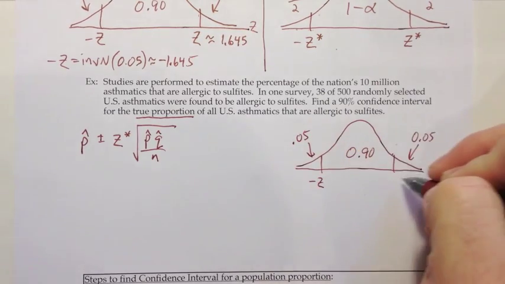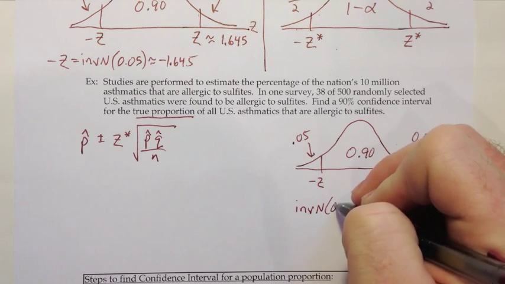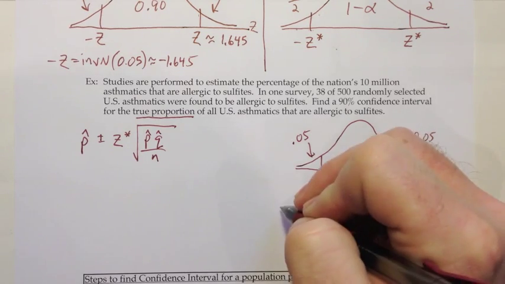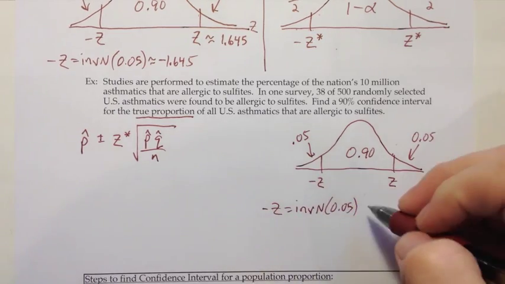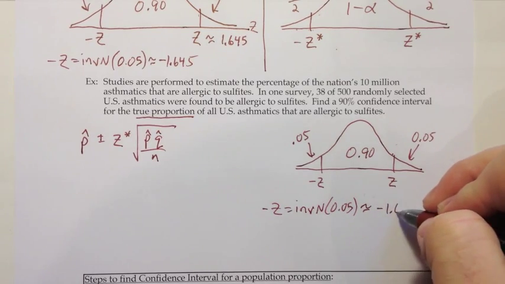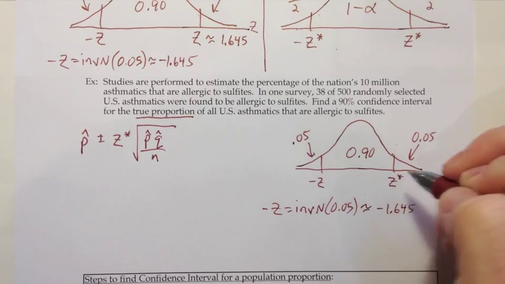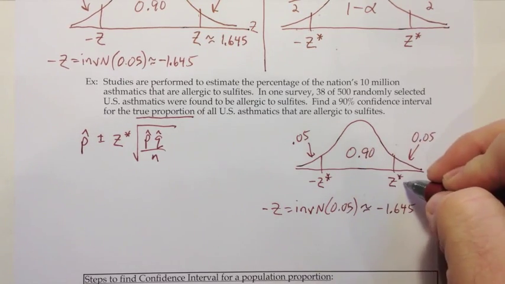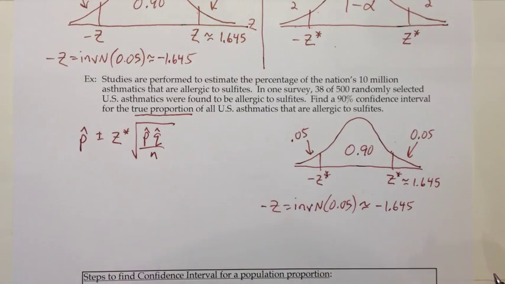There's a negative z and a positive z. And if I do inverse normal of 0.05 on the calculator, that's going to give me this negative z-score right here. We just did that on the calculator a moment ago, so I'll just write down the answer. It's negative 1.645. And that means our positive z, and I guess you could say these are our z stars, is positive 1.645. So those are our z-scores.